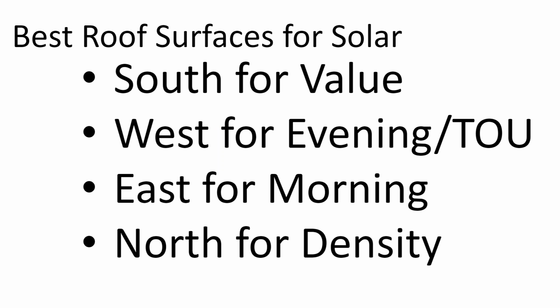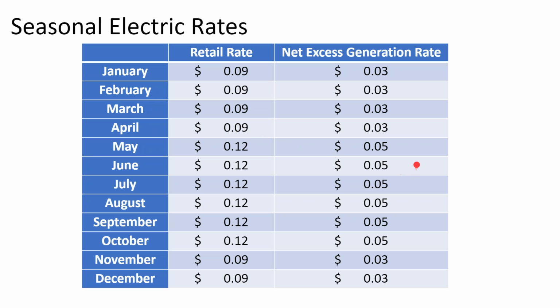And so an east-facing or west-facing array may produce less energy but more coincide with your load and therefore produce less outflow. So even though east or west may be producing 15% less, if the compensation for that outflow is 70% below retail, then that's not going to do you any good.